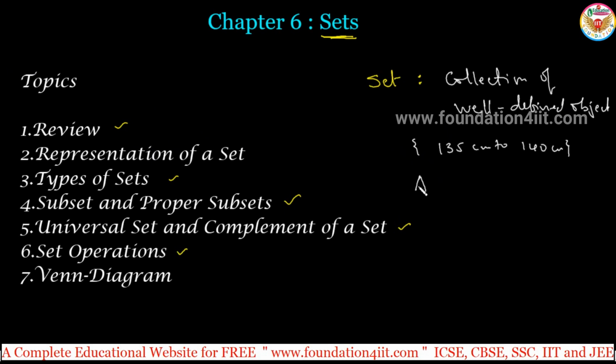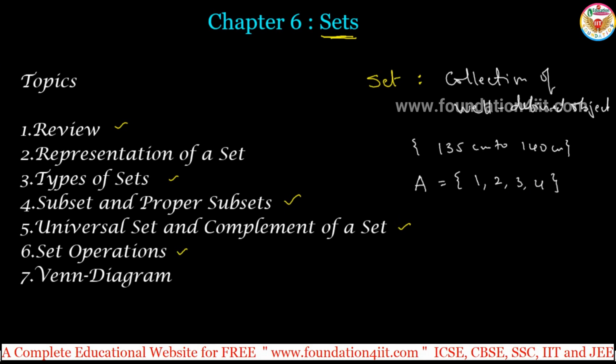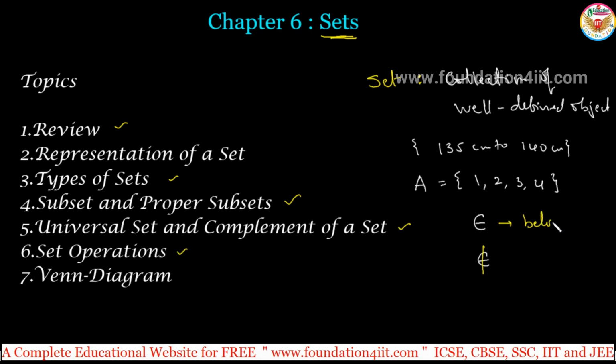For example, A is a set having elements 1, 2, 3, 4. So in this 5 is not there in this set, only 1, 2, 3, 4. 6 is not there. So if it's there or not there, we can use these two symbols. So this one, if you keep the cross, is not. This is the belongs to. For belongs to we can use this symbol.